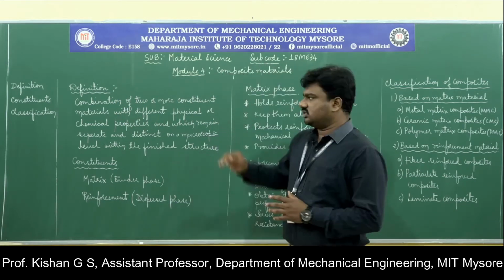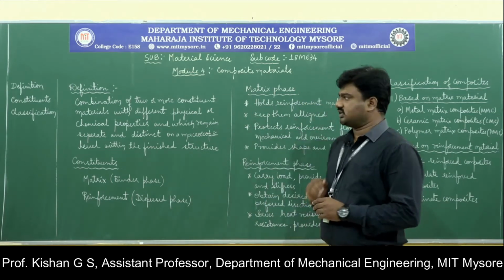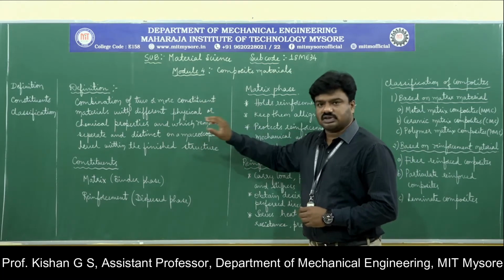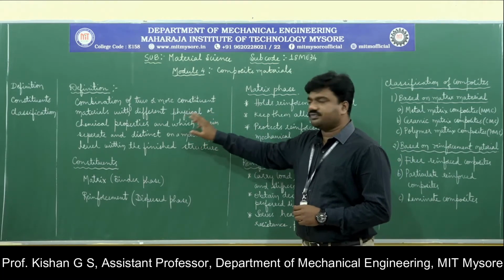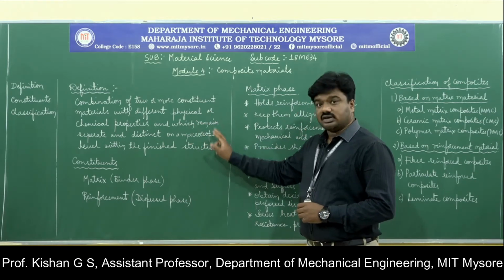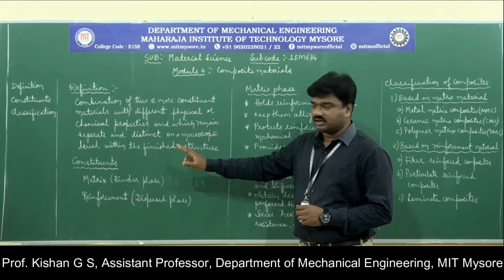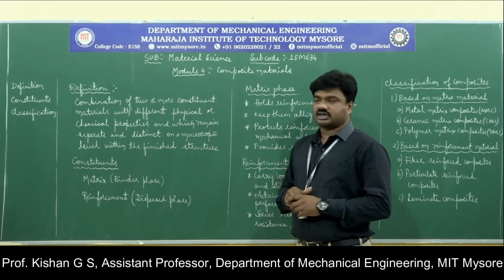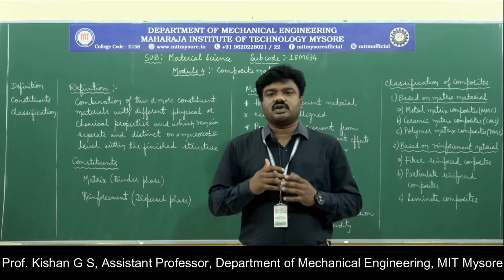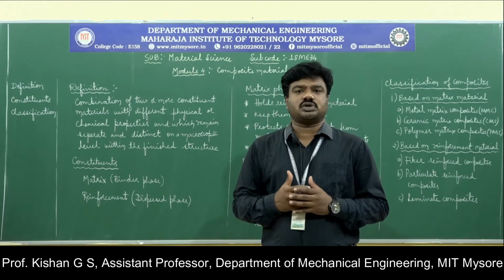With respect to the definition of composite material, it goes like this. It is a combination of two or more constituent materials with different physical and chemical properties and which remain separate and distinct on a macroscopic level within the finished structure. As the name suggests, we can simply justify the title as the combination of two or more materials.